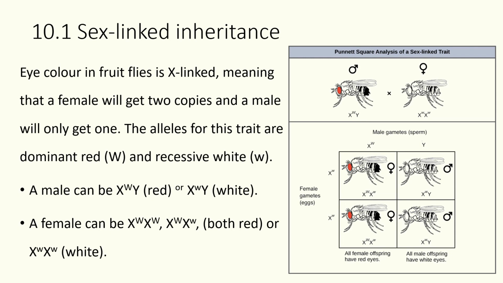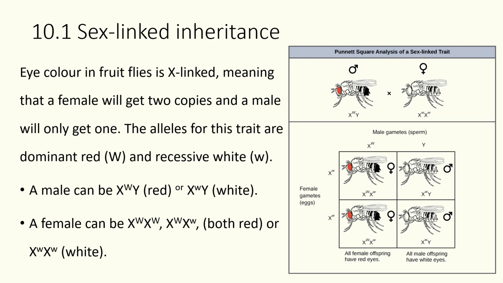and white being the recessive trait. A male can either be red or white. It only inherits one copy, one allele, for that trait, so there's no heterozygousness. It's just hemizygous. A female could be homozygous dominant, heterozygous, or homozygous recessive.